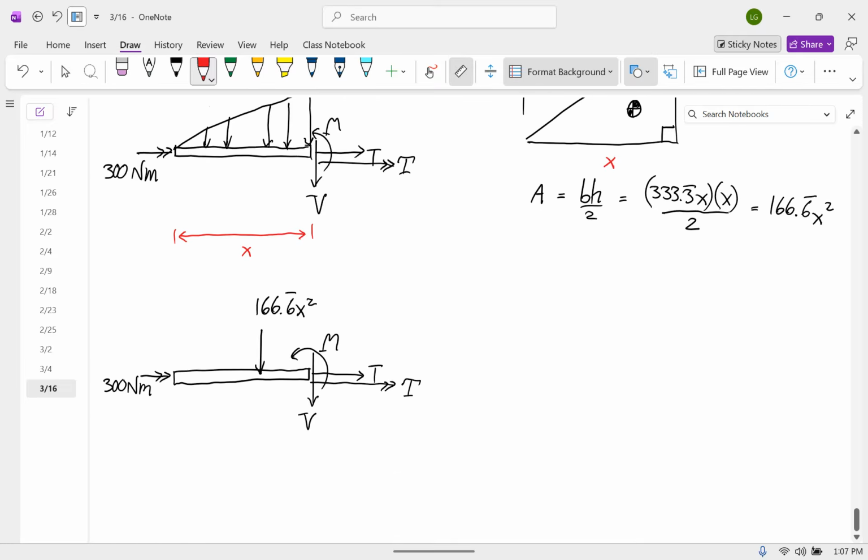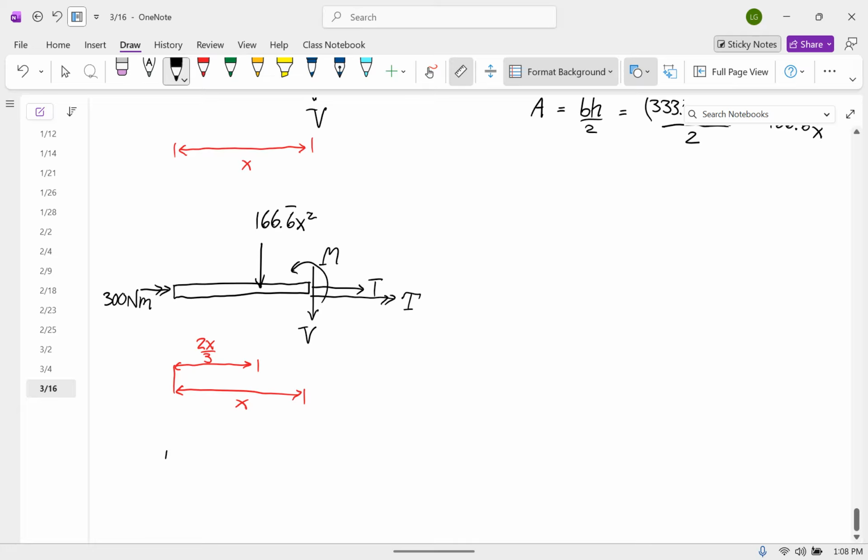And then the distances. This one is 2x over 3, and this one is x. And now we can do the calculations.